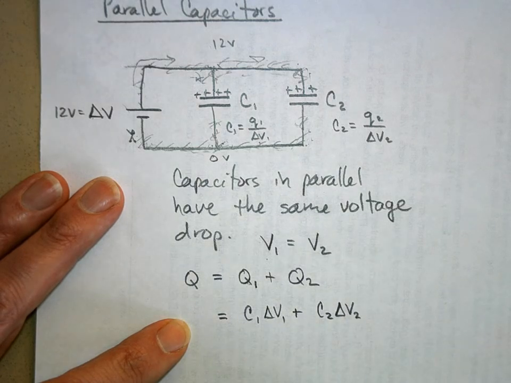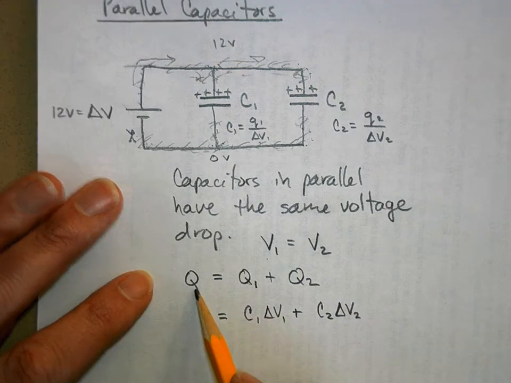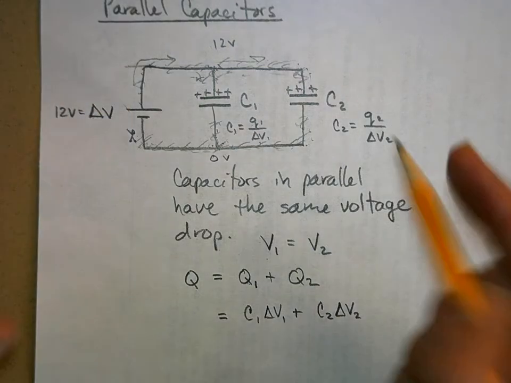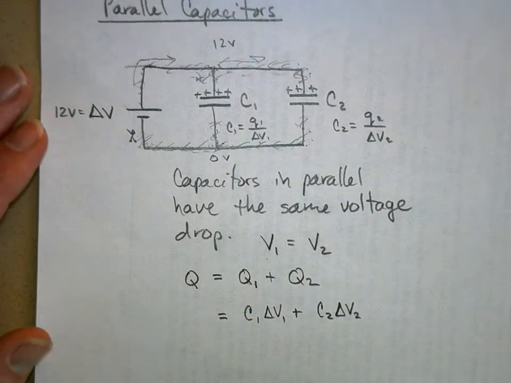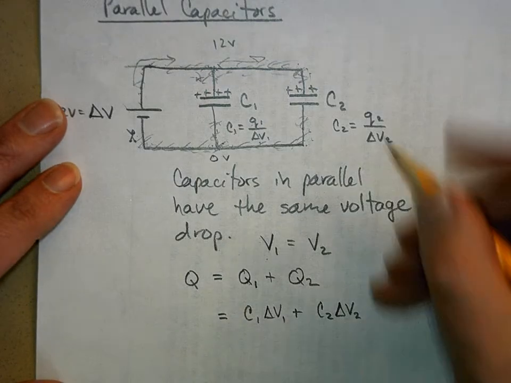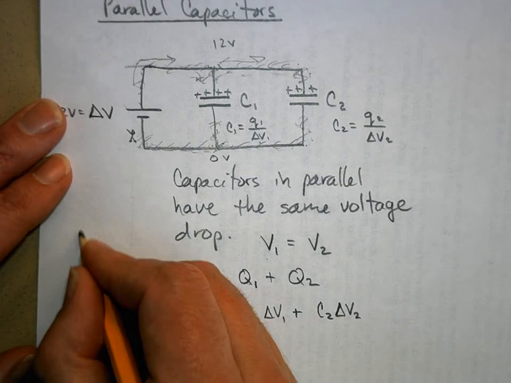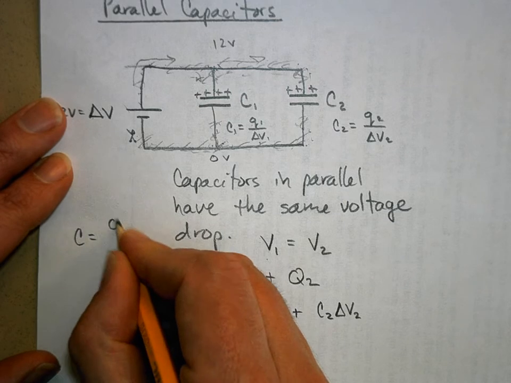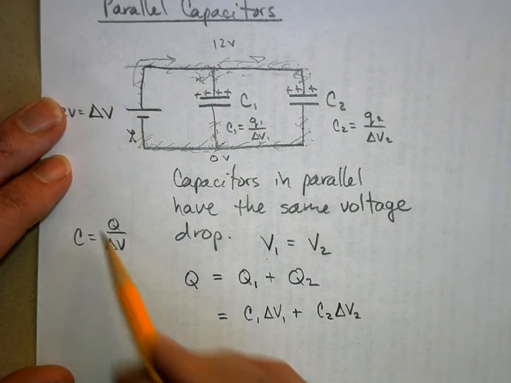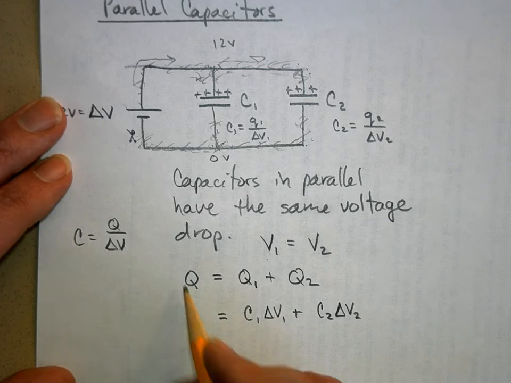Now, what I want to do here is figure out what is the overall capacitance of this arrangement of two capacitors. Well, if I just say C equals Q over delta V, the total charge is equal to the total capacitance times the total voltage.